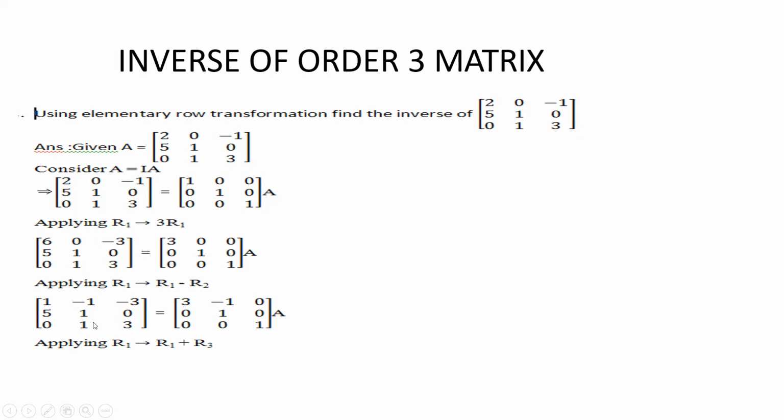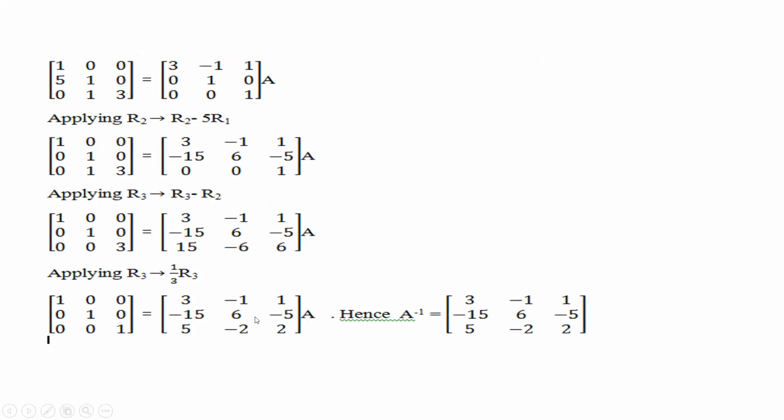You need to get the identity matrix on the left hand side. Then we can bring A to this side, and whatever matrix is on the right hand side is the inverse of A. The same thing we have done here: we have got the third order identity matrix, and here we have got the matrix. This is the inverse of A.